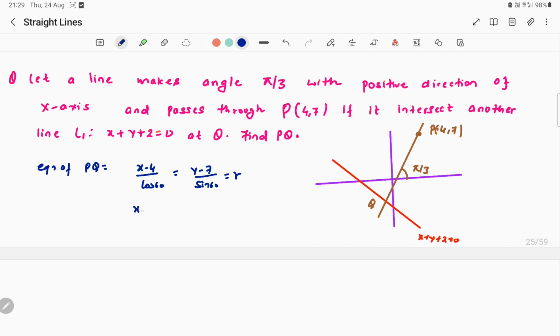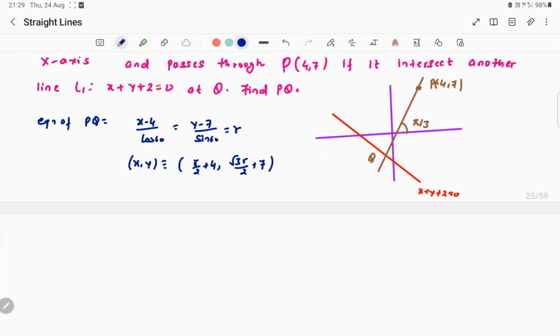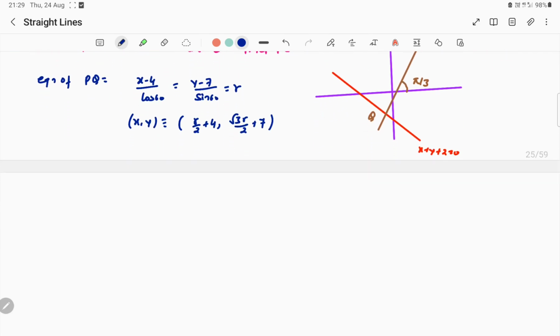So what is x and y? Any general point we can take as r cos 60, which is r by 2 plus 4, and this is root 3 r by 2 plus 7. Now also Q lies on this line, isn't it? So it should satisfy the equation. So what will you write? r by 2 plus 4 plus root 3 r by 2 plus 7 plus 2 equal to 0.